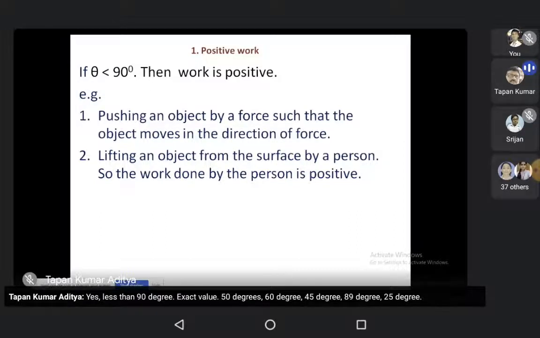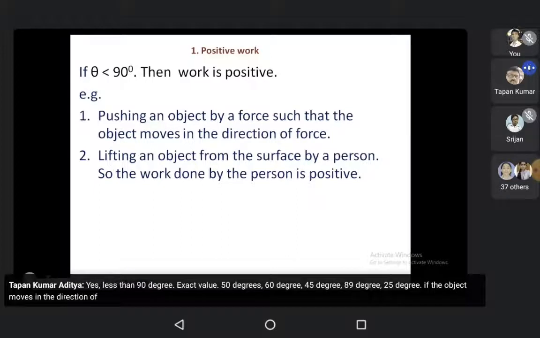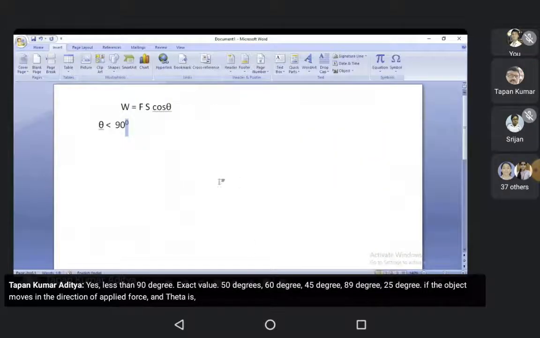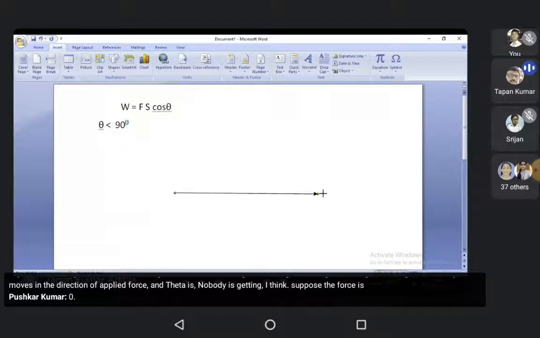If the object moves in the direction of applied force, then theta is... nobody is getting, I think. Suppose the force is applied in the direction of the arrow.